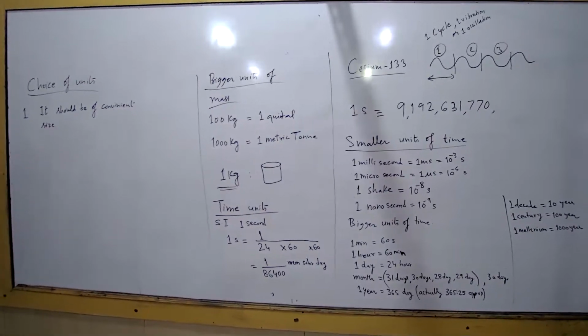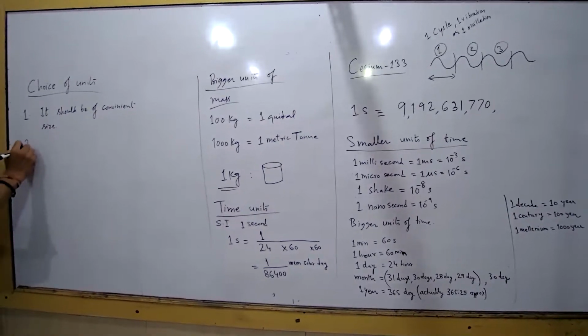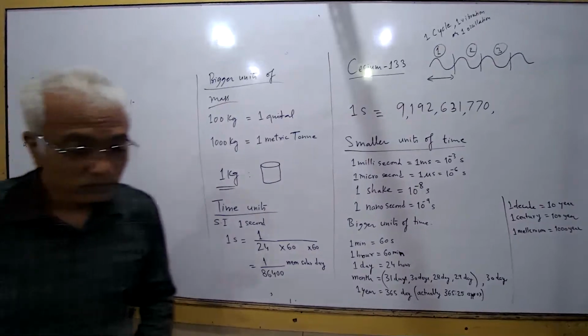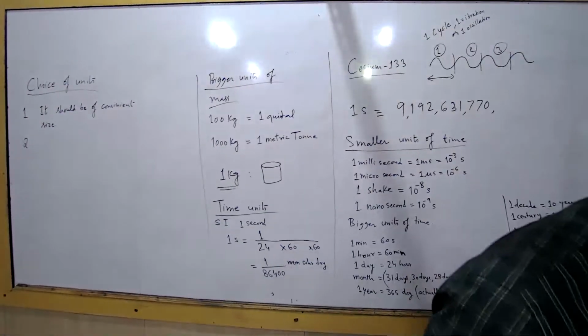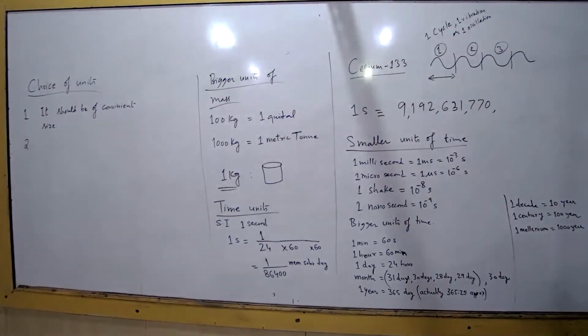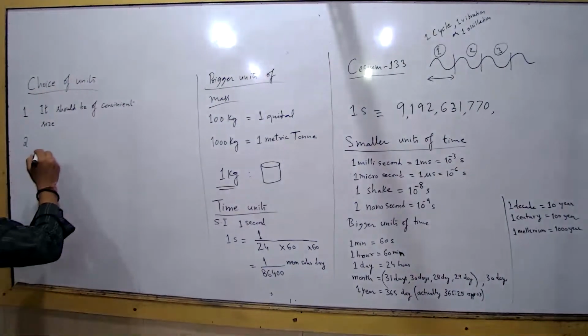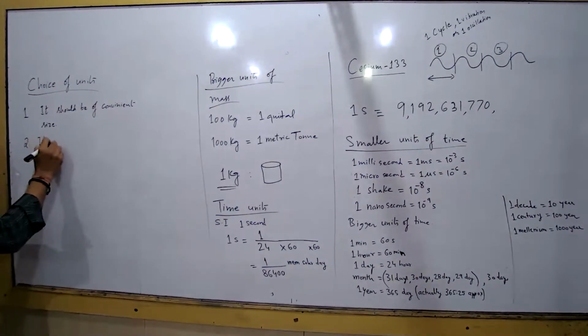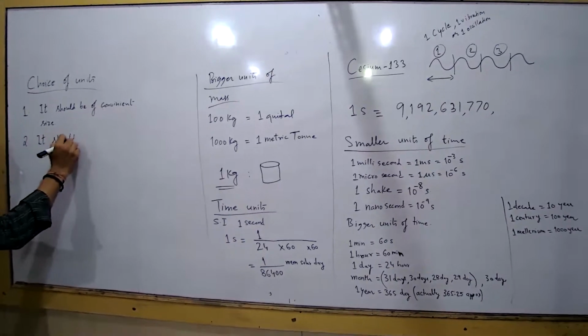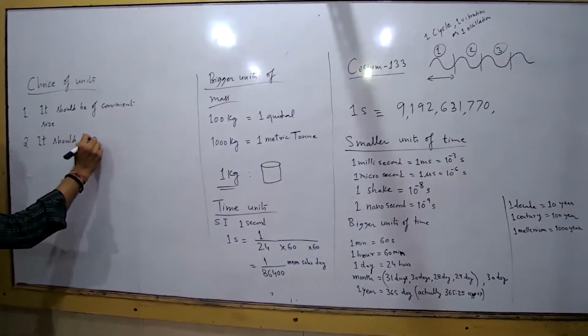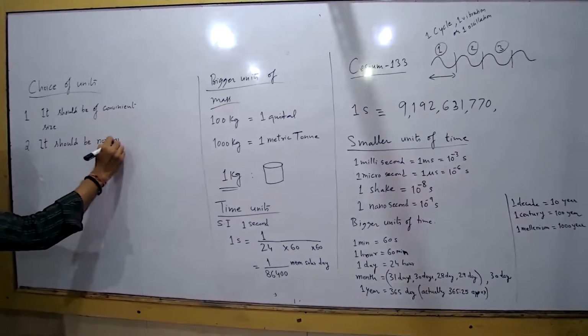So it should be of convenient size. Then second, it should be possible to define the unit without any ambiguity. It should be non-ambiguous.